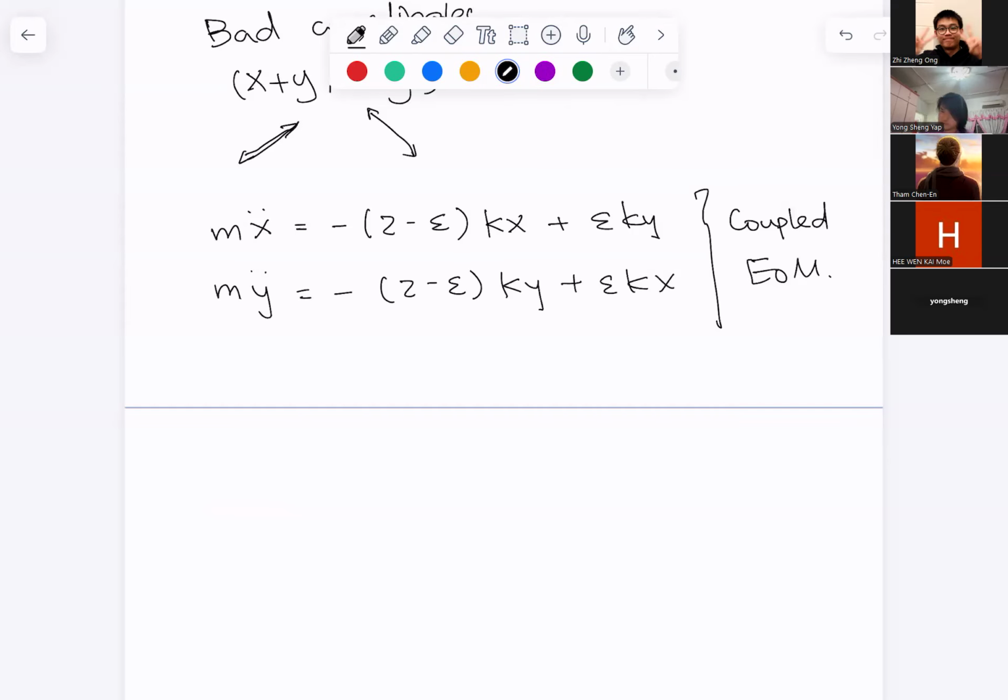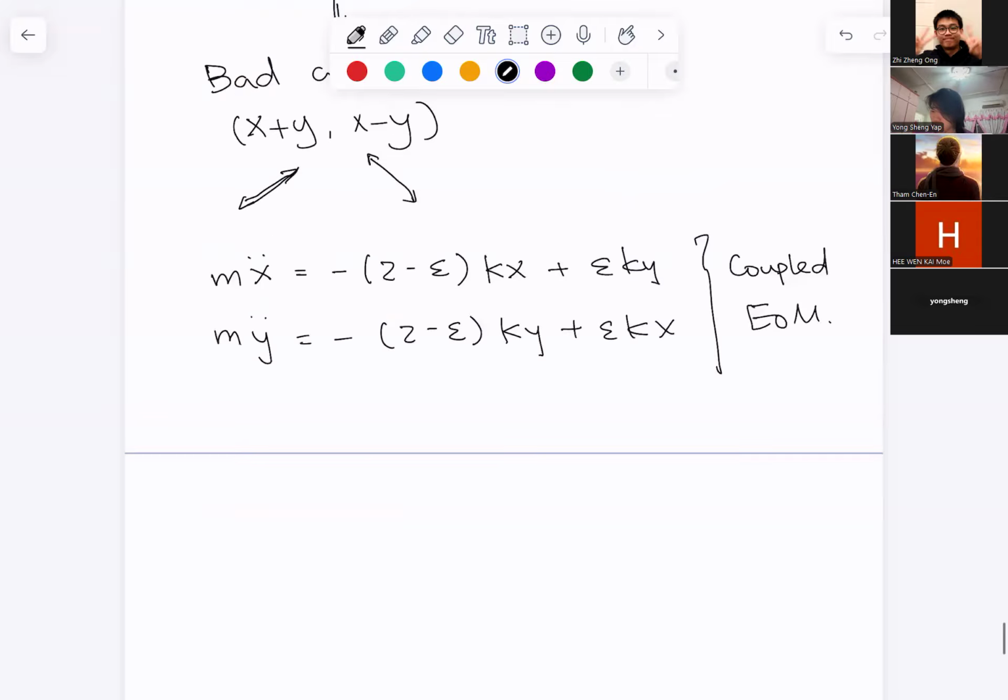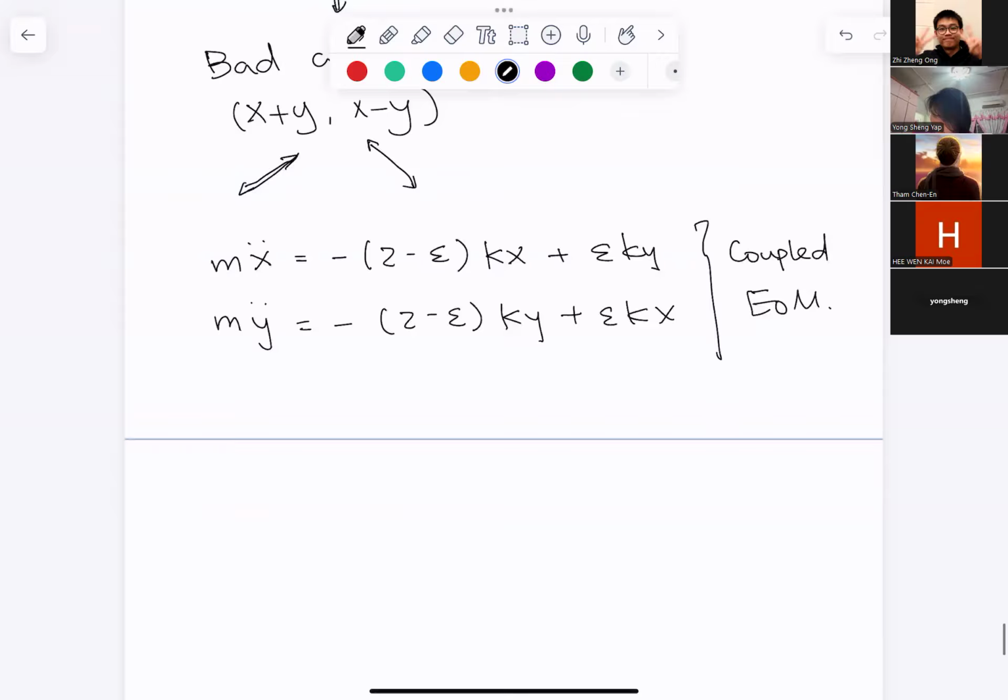Those are very troublesome things to do. So how can we remedy this in terms of the coupled equations of motion? The first thing you can do, given x plus y and x minus y, is why don't we just add them up? Let's say this is 1, this is 2.